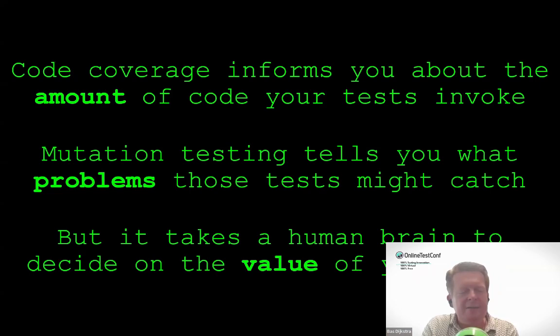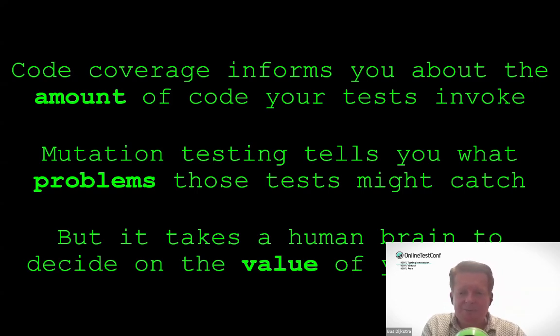It requires a human in the loop to decide, well, is that information actually valuable? Is the test that we're supposed to add here actually valuable? So mutation testing is not going to replace that. It's a tool to help you support testing your tests, but it's not a replacement for that human brain and human judgment.